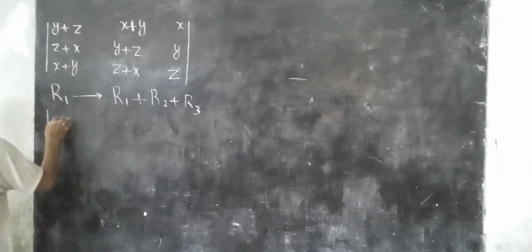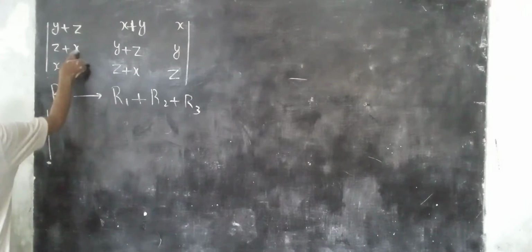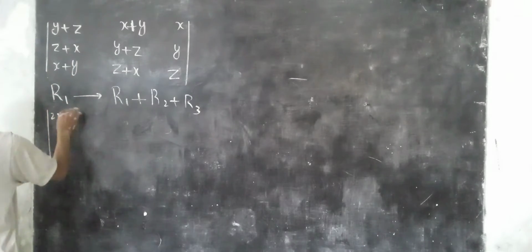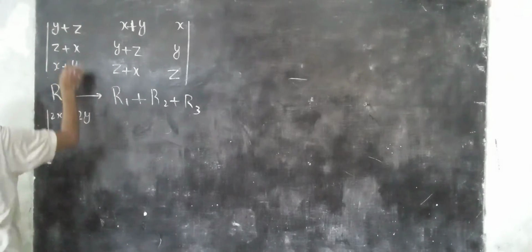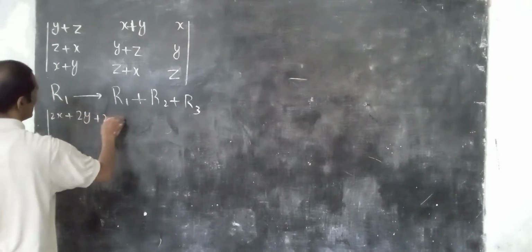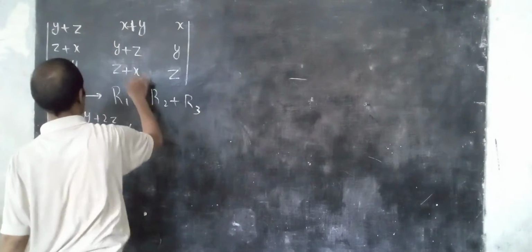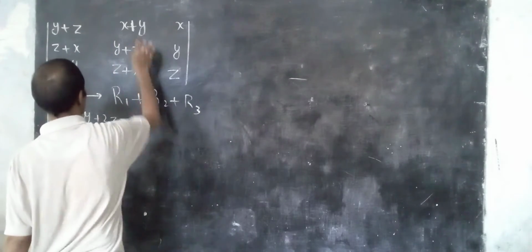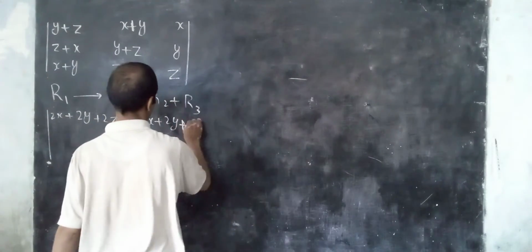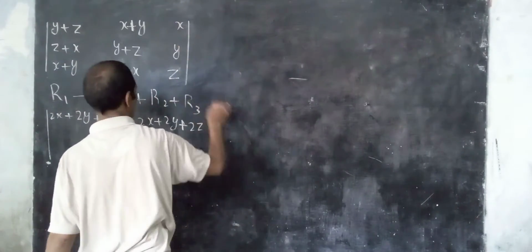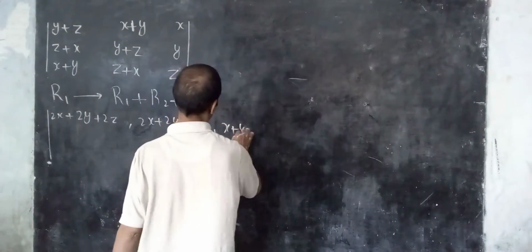Then your first row becomes x plus x, 2x, y plus y, 2y, or z plus z, 2z. The second element becomes 2x plus y plus z, and the third element becomes x plus y plus z.